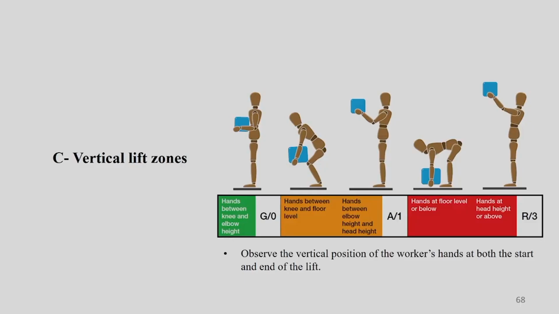In those cases you are not stressing your trunk so much, right? So in these cases you give the color coding as amber, and the numerical value will be A, 1. The next part, which is red, says hands are at floor level or below that.